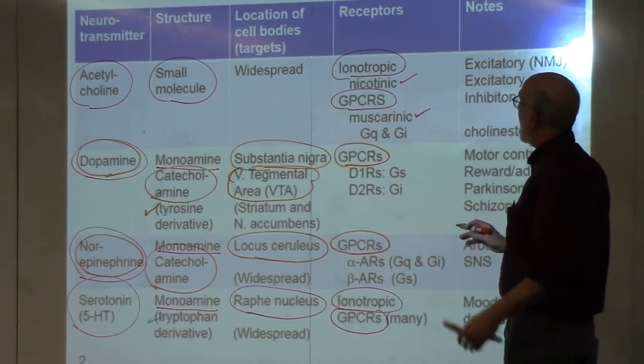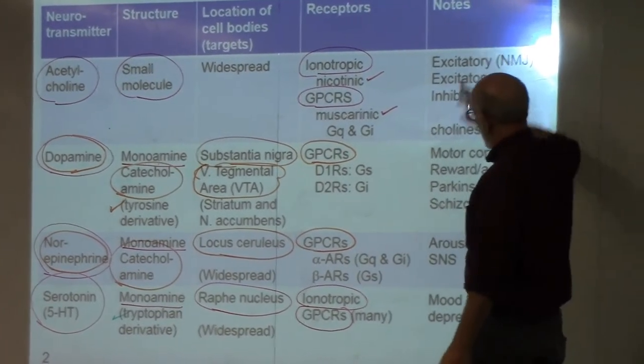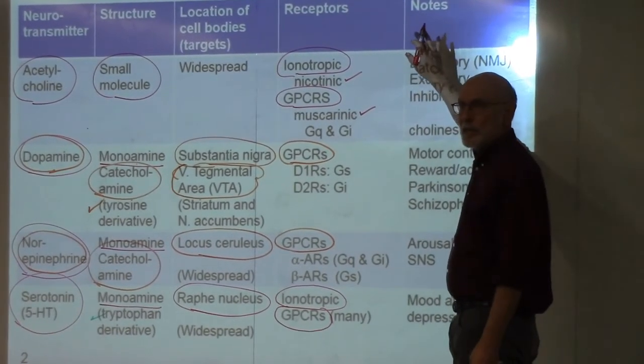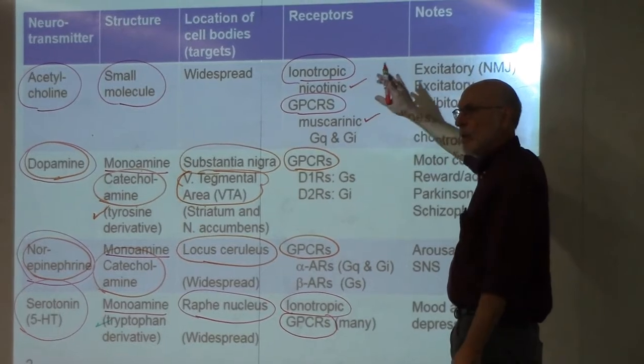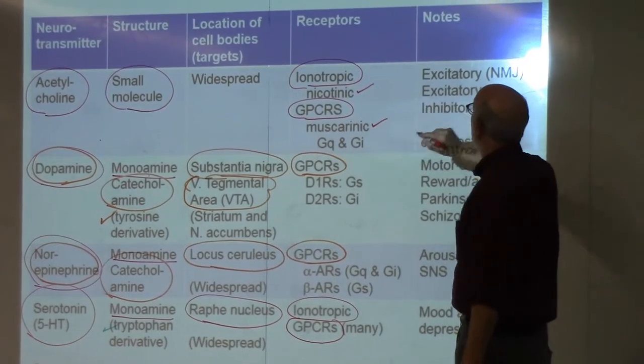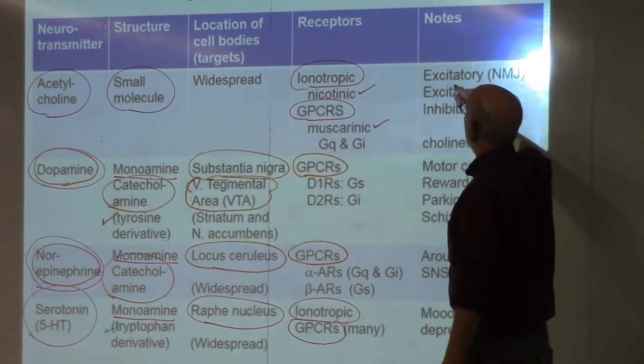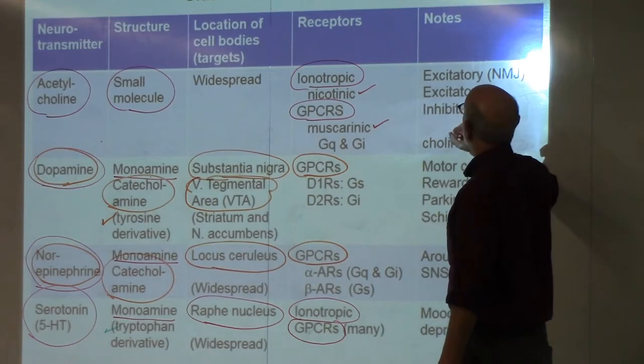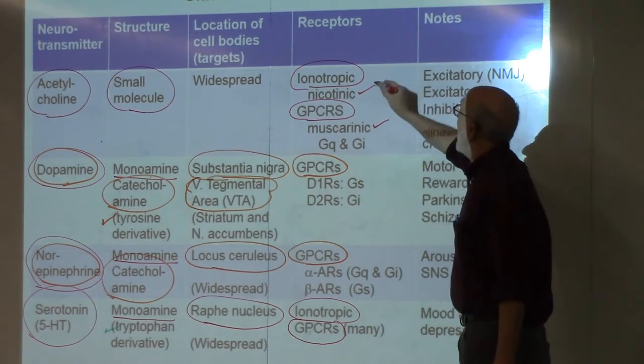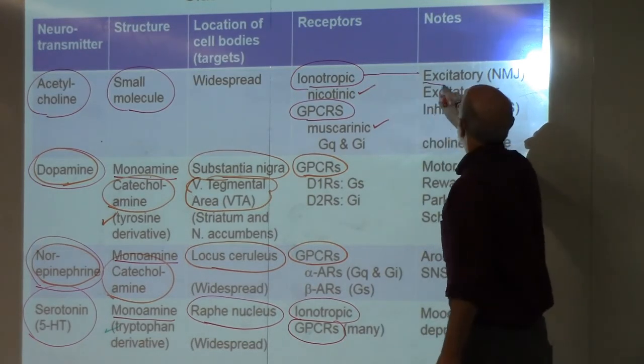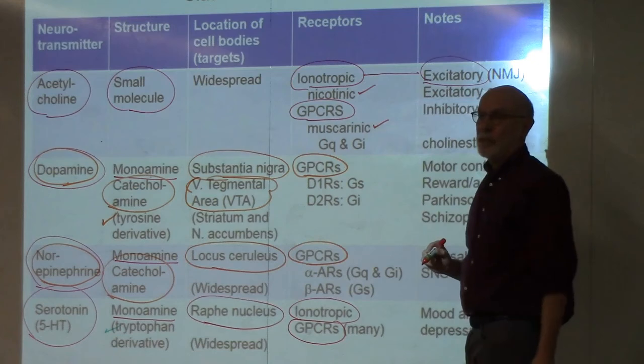So finishing this out, I want you to know something about function of these systems, the neurotransmitter and the receptor system. Acetylcholine acting on ionotropic receptors is excitatory, just about everywhere.